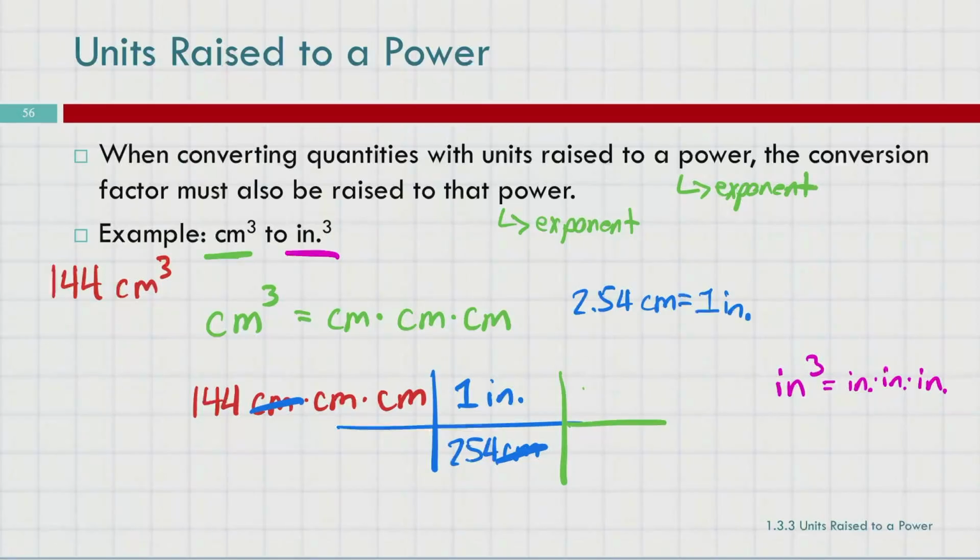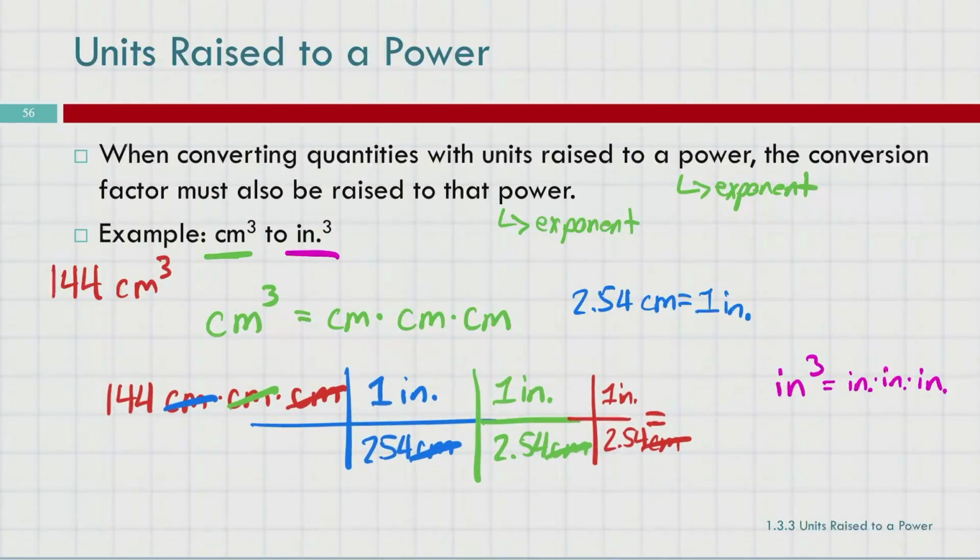Switching to a different color, just so we can see that we're canceling them out individually. 2.54 centimeters on the bottom again cancels out our second centimeters. We still have 1 more centimeter to cancel out. So we have to apply our conversion factor 1 last time. And that'll cancel out the last set of centimeters.